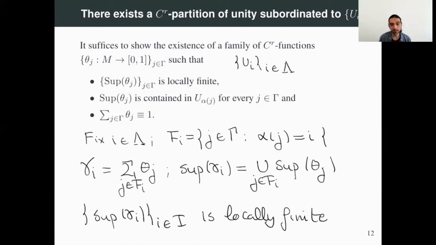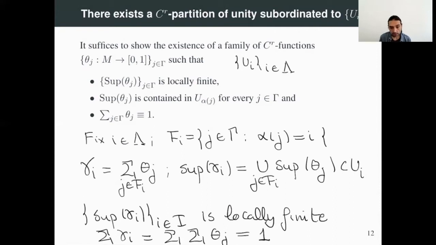But by construction, these supports of the gamma_i are indeed contained in U_i. And of course, the sum of the gamma_i's is the sum of the theta_j's, and this is equal to 1.